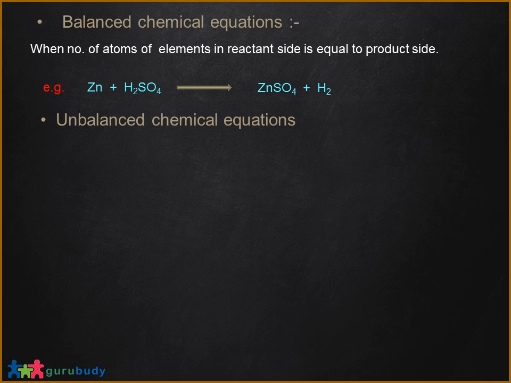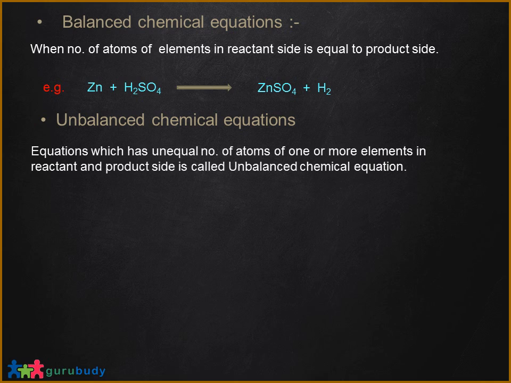So the number of atoms in the reactants is equal to the number of atoms in the product. And this makes sure the equation follows the conservation of mass, because if the number of atoms is the same and each atom has the same mass, then the mass in the reactants would always be equal to the mass of the product.